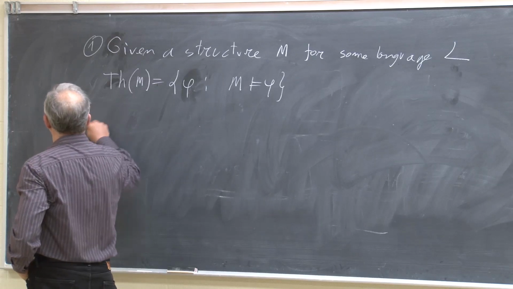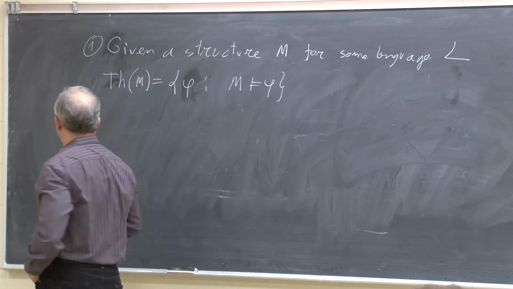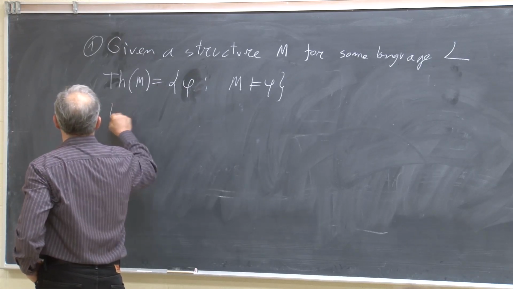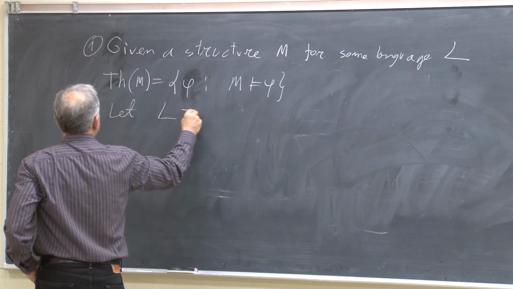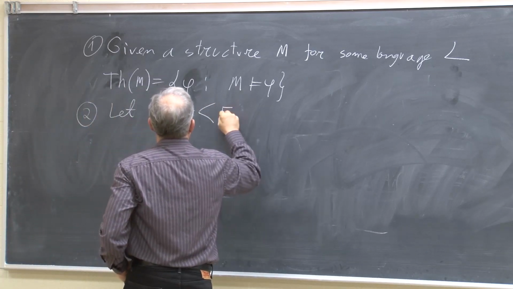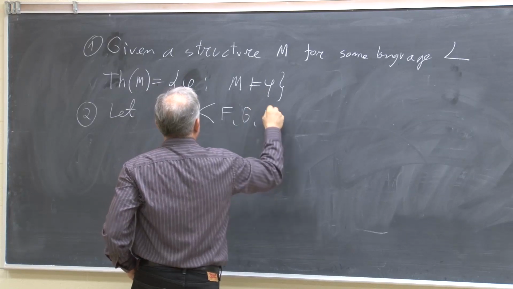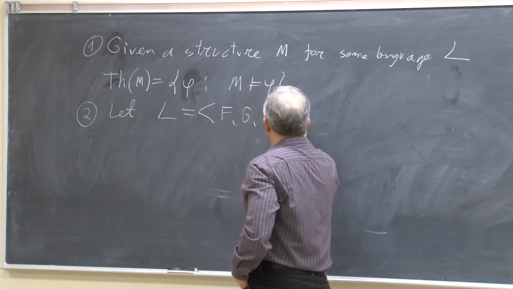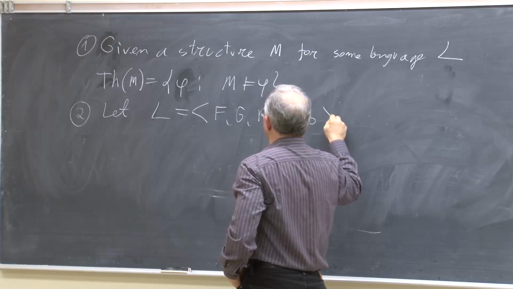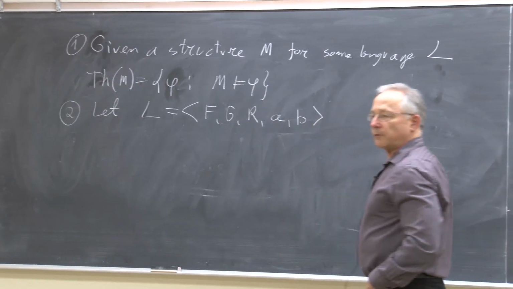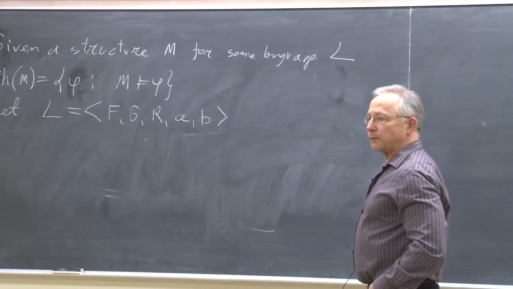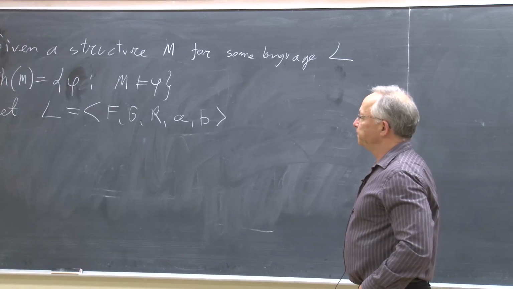So the second definition was more particular. We fixed an L. So we say let L be a specific language. Then we have function symbols and relation symbols and constants. And in fact, the language could be larger. It would not change the results that we are talking about.